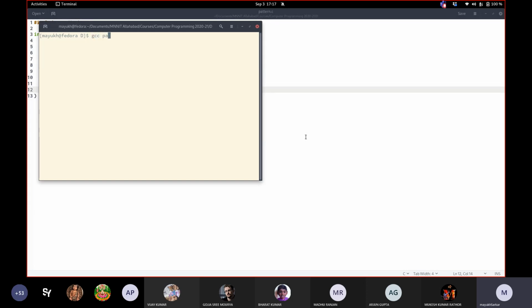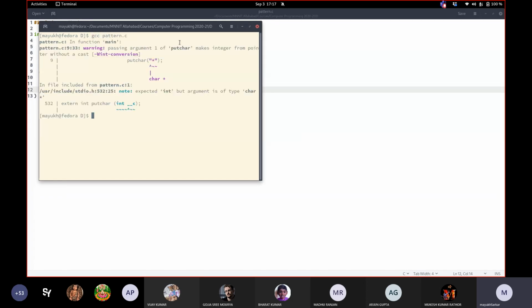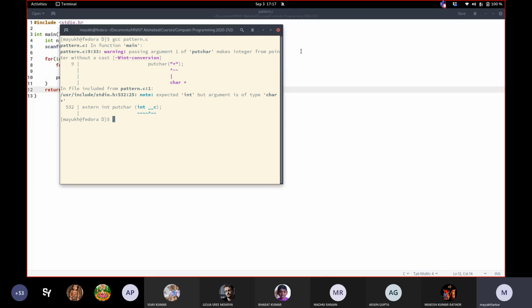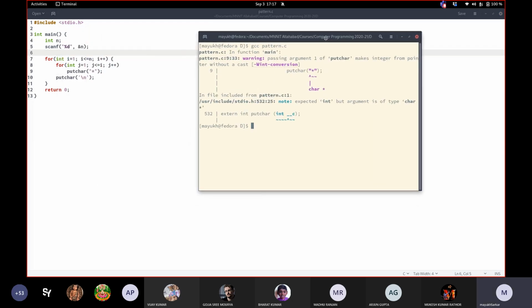So gcc pattern.c. In fact, it does not give you an error, but at least it gives you a warning, right? It will not give you an error, but it will give you a warning.